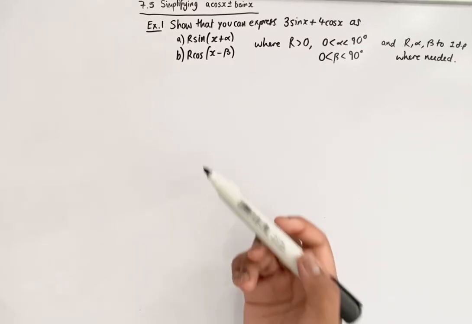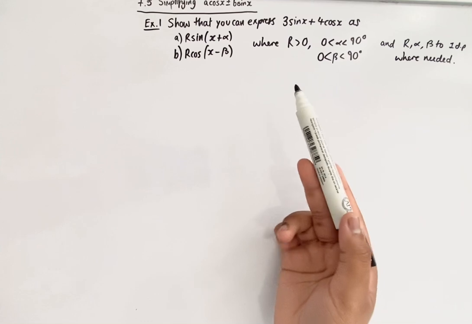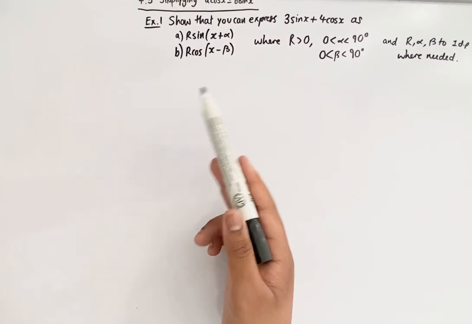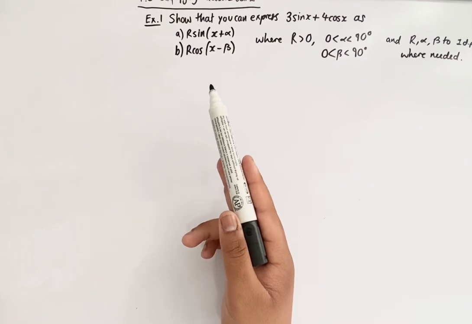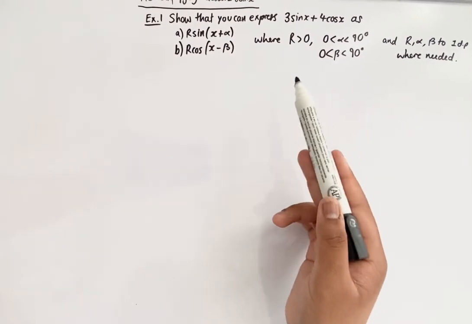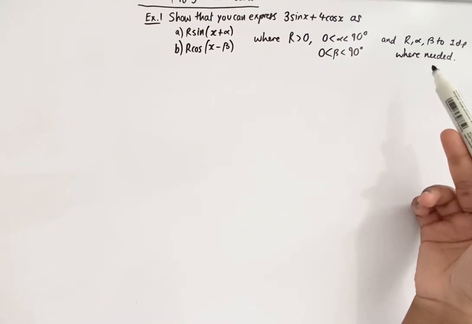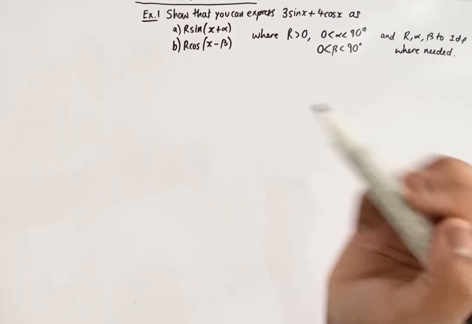Let's do some examples. Show that you can express 3 sin x plus 4 cos x as a, r sine of x plus alpha, and b, r cos of x minus beta, where r is bigger than 0, 0 is less than alpha or beta, which is less than 90 degrees, and r, alpha, and beta are given to 1 dp when needed.